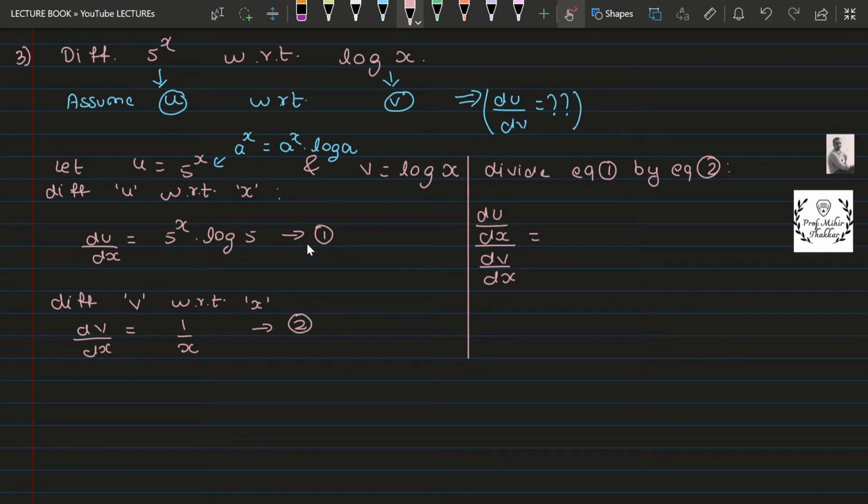du by dx is equal to 5 raised to x into log 5 divided by 1 by x. Cancel off these x elements, and this 1 by x becomes reciprocal.